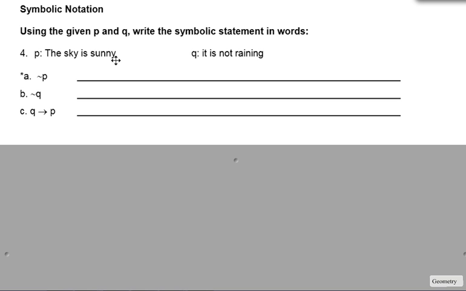So we're going back to our symbols, using the given P and Q, write the symbolic statement in words. So this is the P, the sky is sunny, and the Q is that it is not raining.